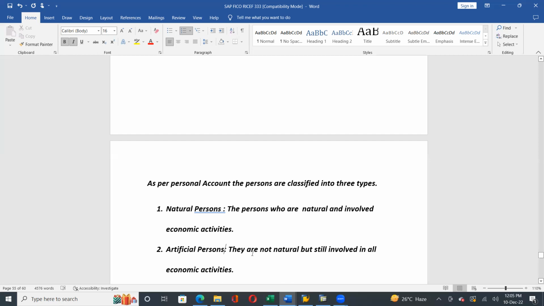For example, as I took last time, you paid college fees. You are studying in a particular college, and you paid 50,000 of college fees. What did you do with that 50,000?